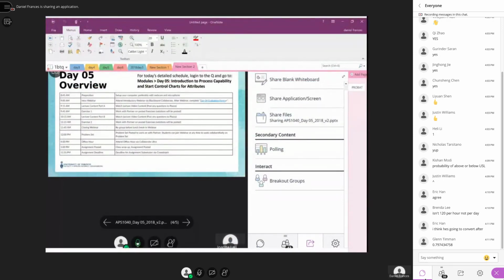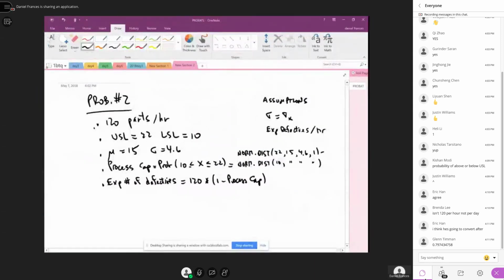Okay, 0.79. Thank you. So that's going to be 0.8. I'm going to call it 0.8. Okay, so this is going to be 0.80 to 2 decimals, which means that the expected number of defectives is 120 times 0.2, which gives me 24.